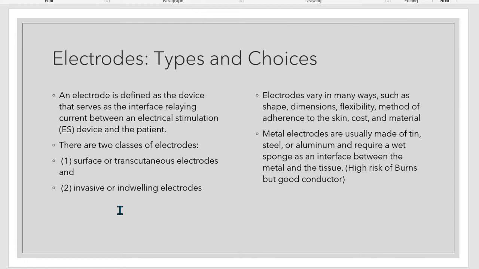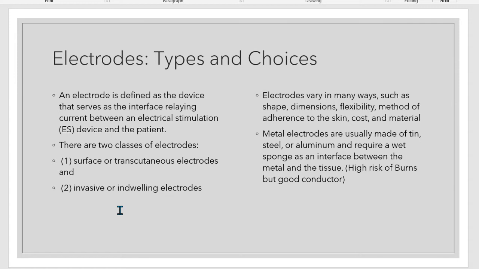An example of that is the implanted electrical stimulator used for stroke patients, usually placed at the ankle dorsiflexor. It is used to dorsiflex your foot, especially during gait. So what they use are indwelling electrodes.